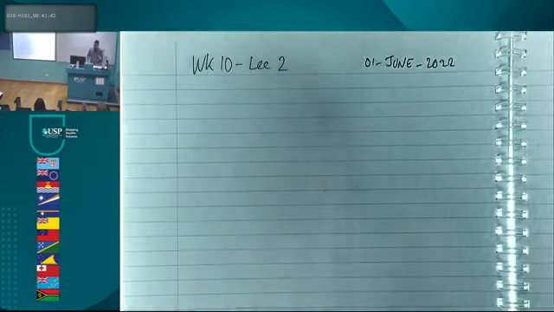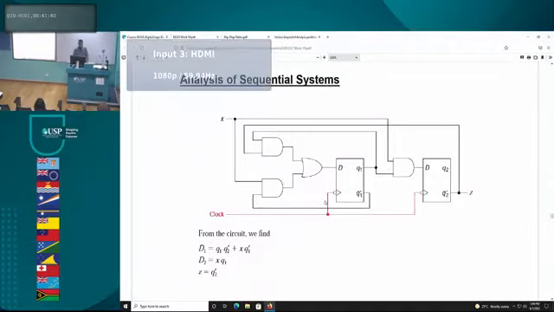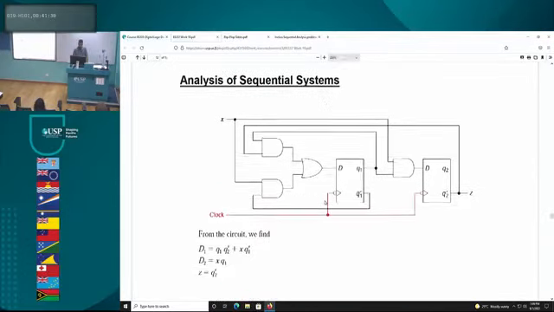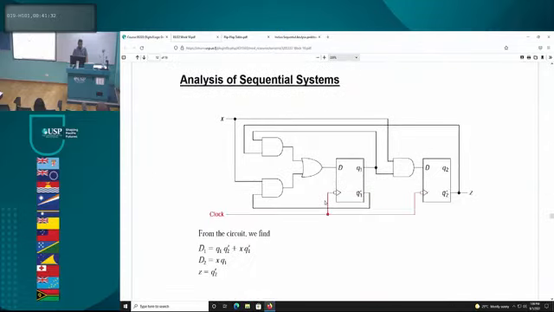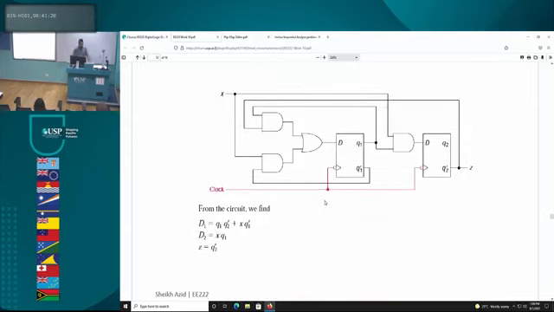All right, nice. We are doing a problem on analysis of sequential systems.